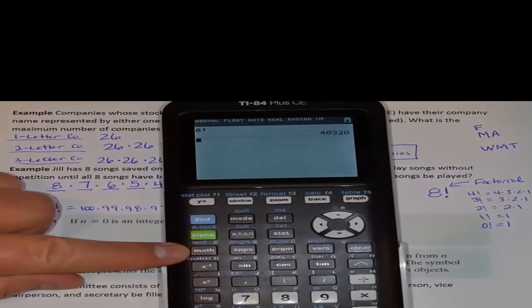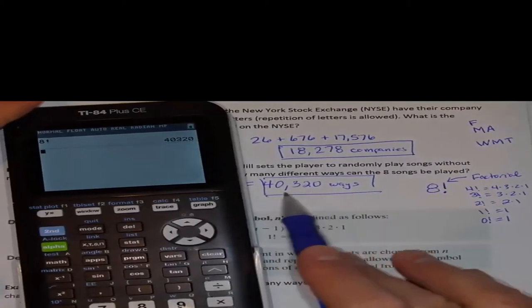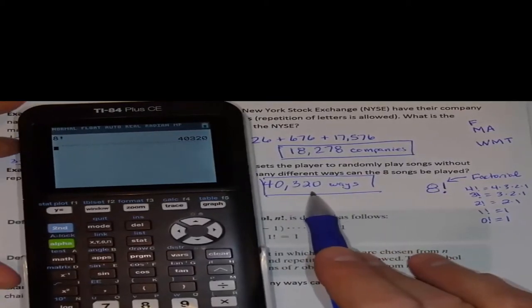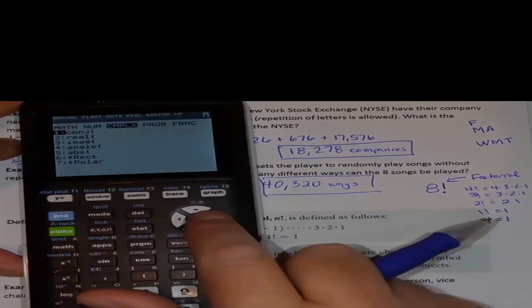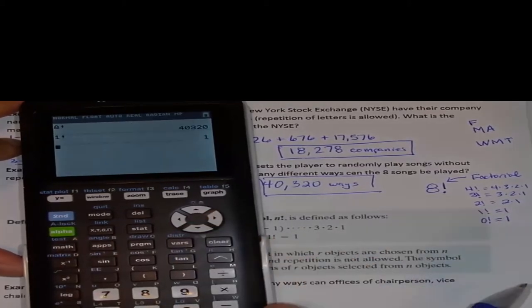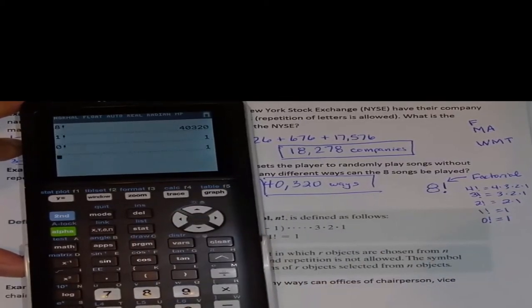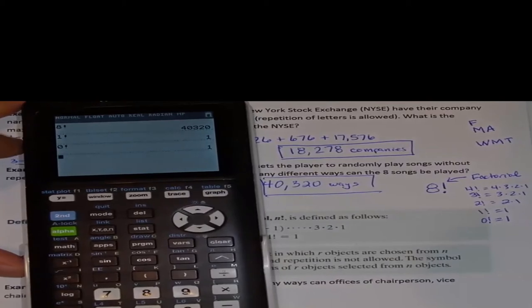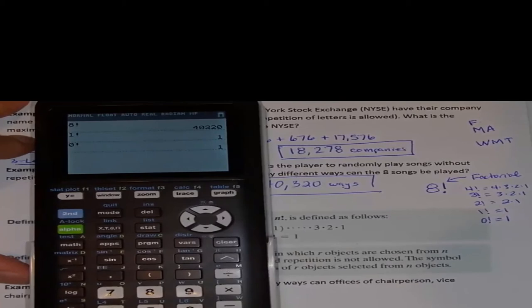So 8 factorial is the 40,320 that we calculated by multiplying it all out. Incidentally, if I do 1 factorial, it's 1. If I do 0 factorial, the calculator also knows it's 1. So the calculator can calculate factorials for us.